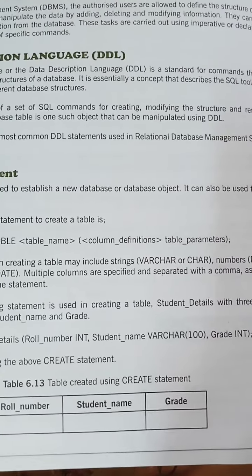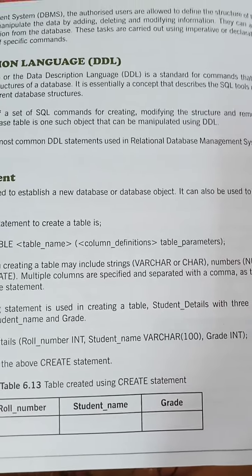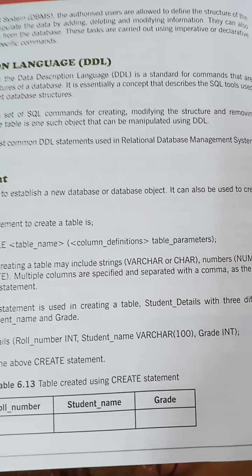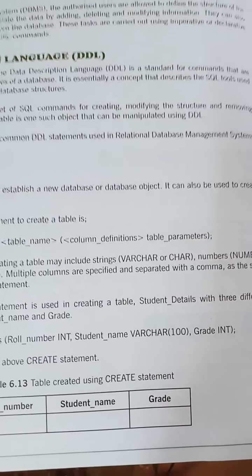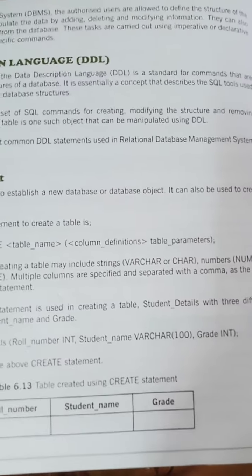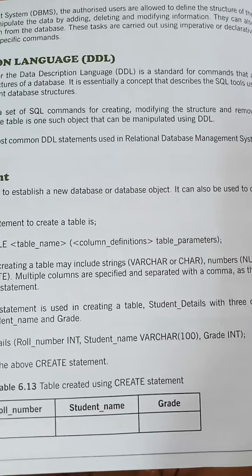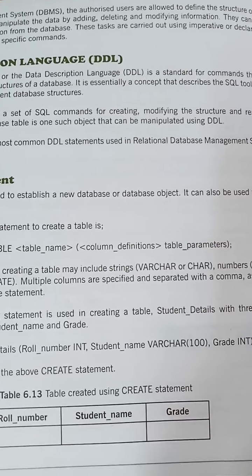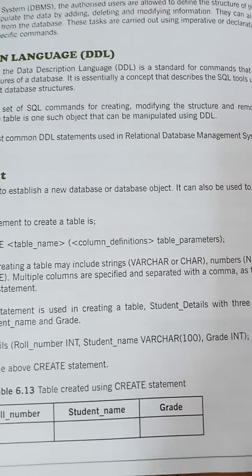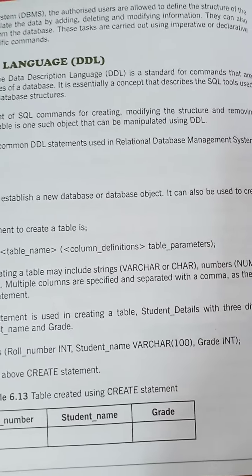VARCHAR and CHAR are more or less the same. VARCHAR is used for a large amount of data that you can store, and CHAR is also, but with limited data size. So VARCHAR, within brackets, write the size. Suppose you have written 100, or 50, anything you can write.